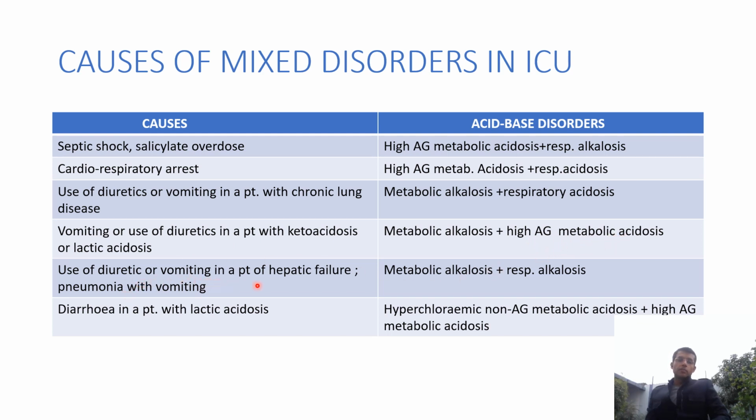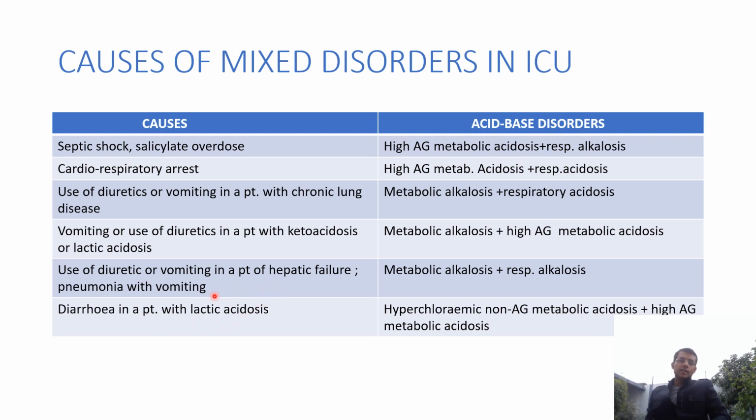Use of diuretic or vomiting in a patient of hepatic failure, pneumonia with vomiting. So diuretics and vomiting again will cause metabolic alkalosis. If they are having pneumonia, they will be hyperventilating, so respiratory alkalosis. COPD patients will have respiratory acidosis, and for pneumonia patients, salicylate poisoning, or ARDS initial stages, they will have respiratory alkalosis.